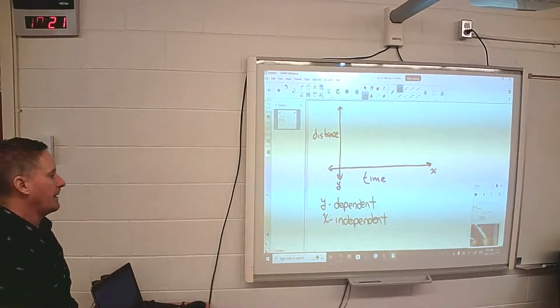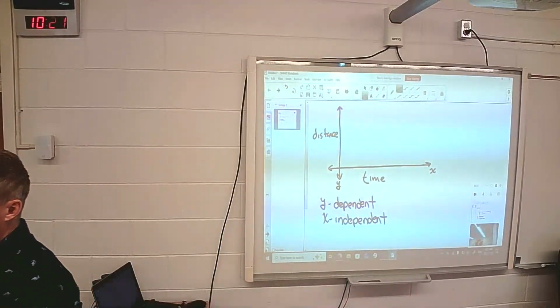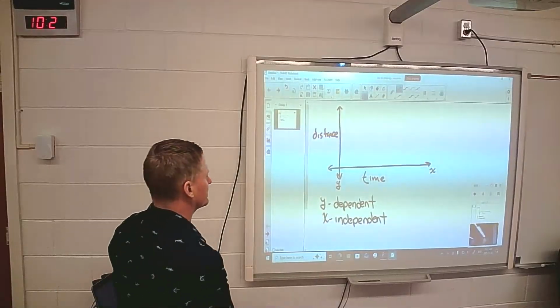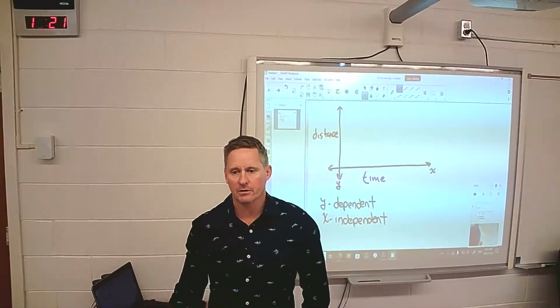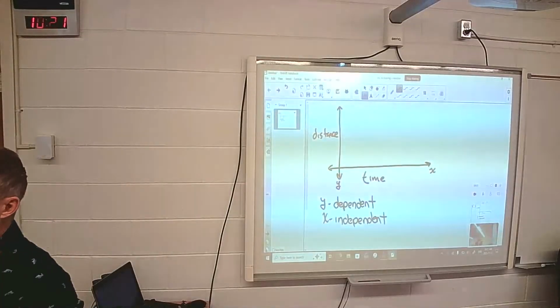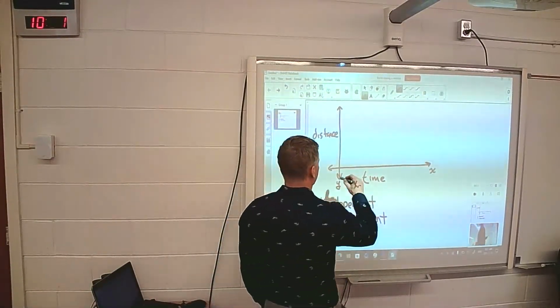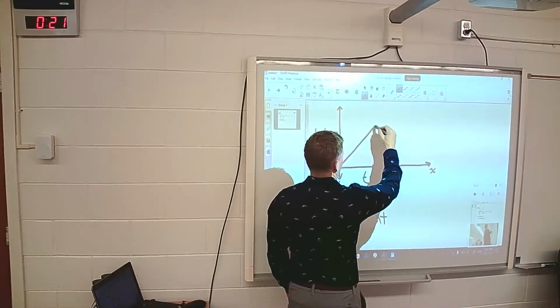Now, if you are walking away from the school, let's say the school is your home base, and you're walking away from it. At 0 seconds, you start in front of the school. This can be in any direction. So if I walk at a constant rate, maybe towards the hospital, I'm getting away from the school at a constant rate.